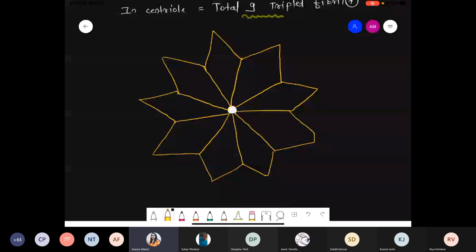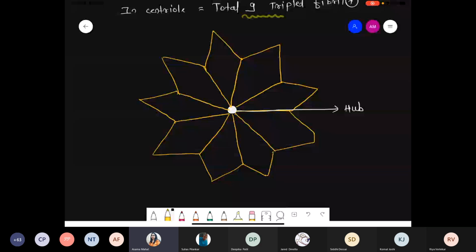In the center, what we have given in white color is called the center, the hub. Now the lines given in yellow color are called the spokes. Spokes are supportive structures, and a total of 9 spokes are present. If you count, total 9 spokes are present.